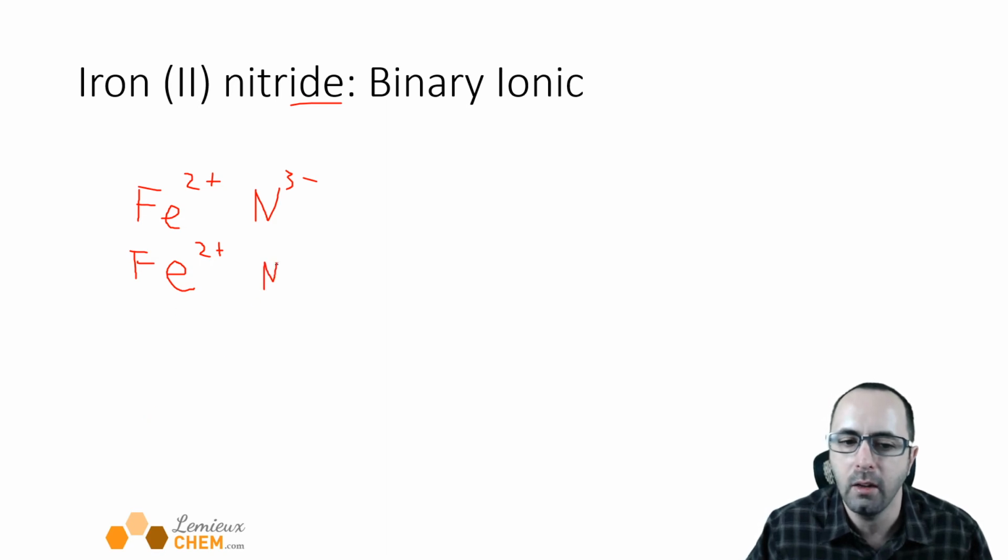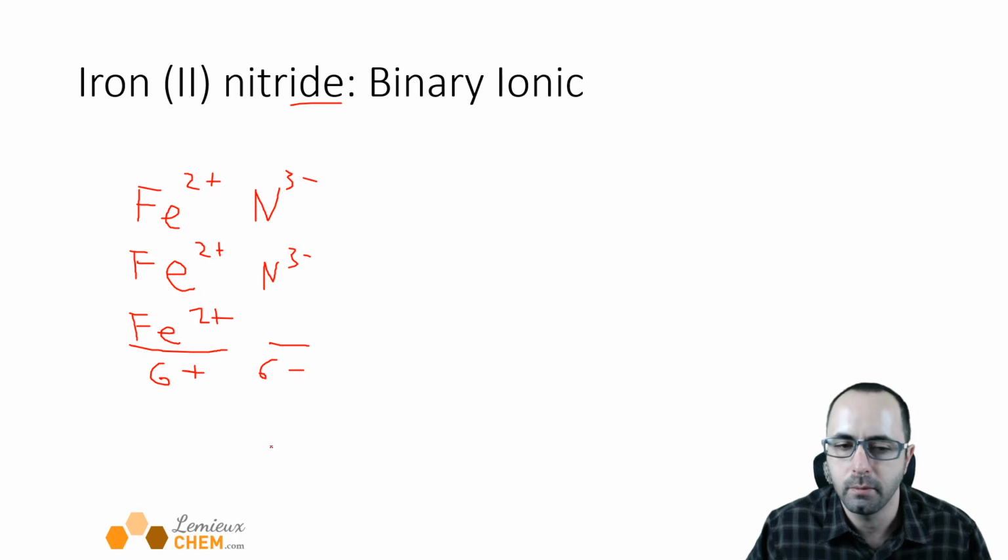Now we can add another nitride here. And this gives us 6 negatives. If we add 1 more iron, this will give us 6 positives to go with our 6 negatives. And so we can write finally 3 irons, 2 nitrides.